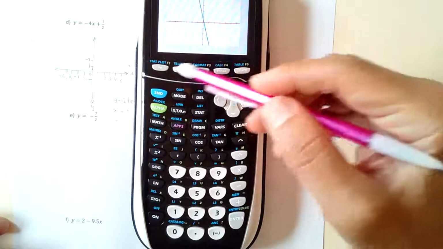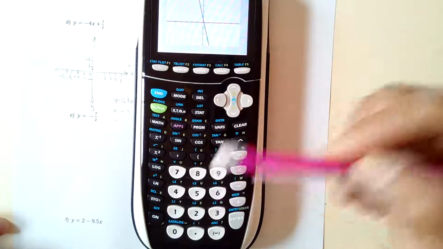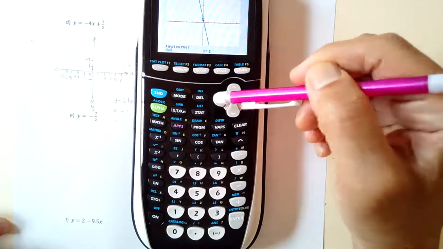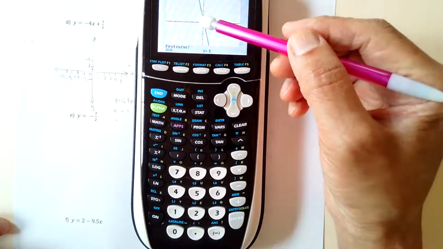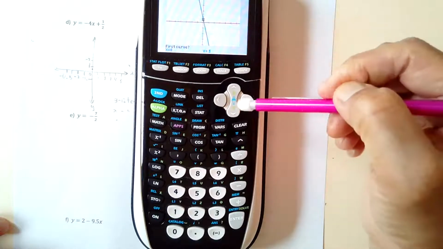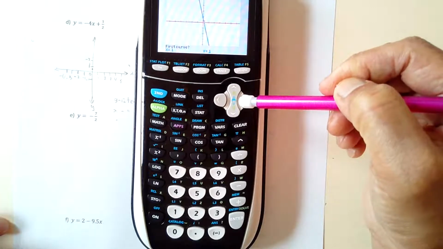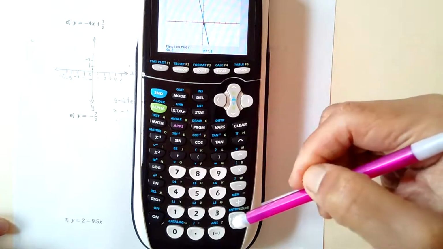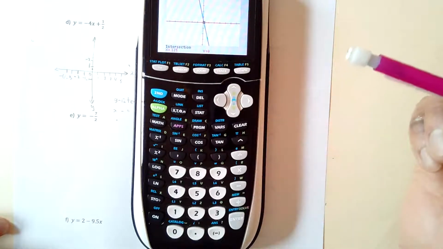Notice what I did there. Second trace, number 5. Now, this was up there a little bit, so I need to go down closer to the x intersecting point. So I press my right arrow key and I move down. Then I press enter. 1, 2, 3.